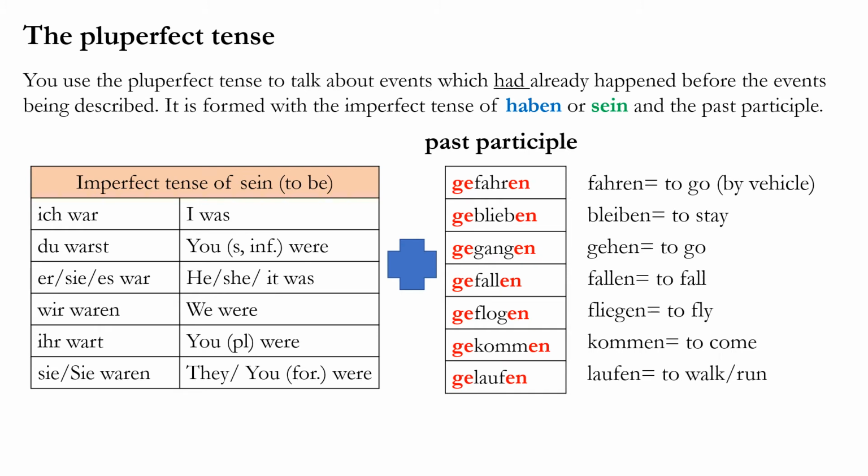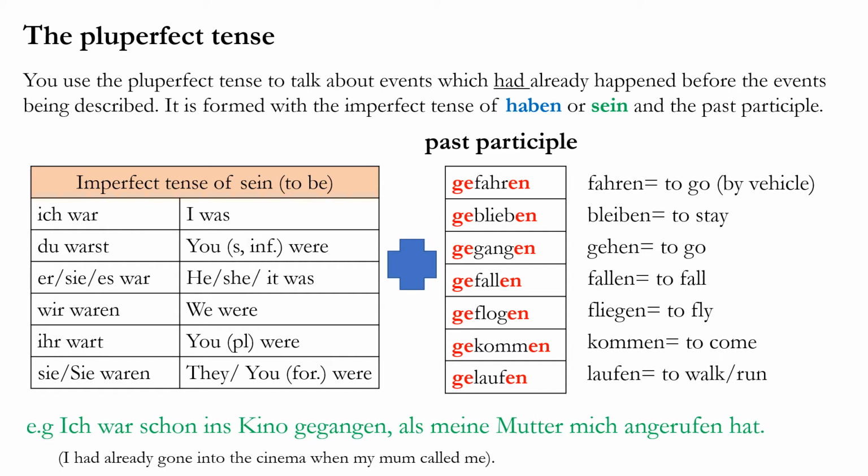For instance, ich war mit dem Auto gefahren. Okay, so we use the imperfect tense of sein plus the past participle. An example of that would be, ich war schon ins Kino gegangen, als meine Mutter mich angerufen hat. I had already gone into the cinema when my mum called me. So going into the cinema is before the mum phoning up.